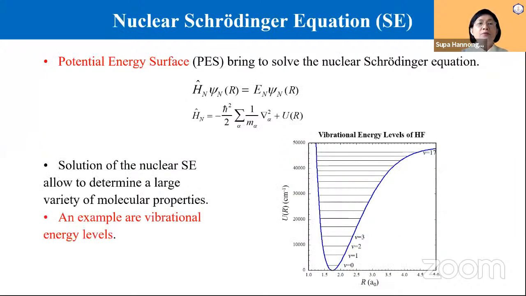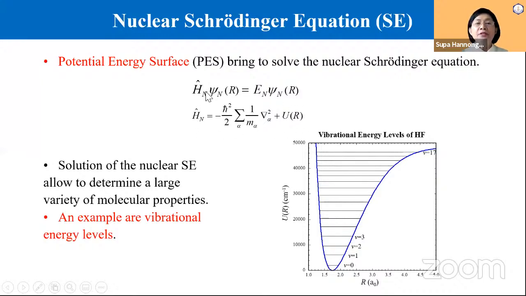But we can also consider the potential energy surface, or the PES, which is used to solve the nuclear Schrodinger equation. We have the electronic Schrodinger equation, and then we have the nuclear Schrodinger equation, in which we apply the Hamiltonian operator of the nuclei and the wave function of the nucleus. Then we obtain the eigenvalue of the nucleus and the wave function of the nucleus.